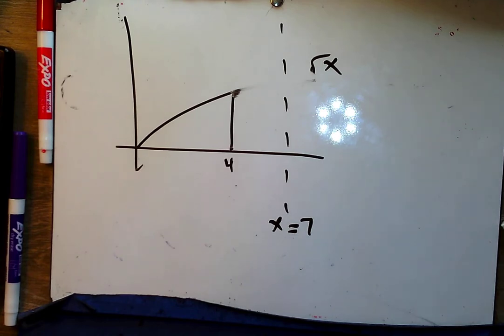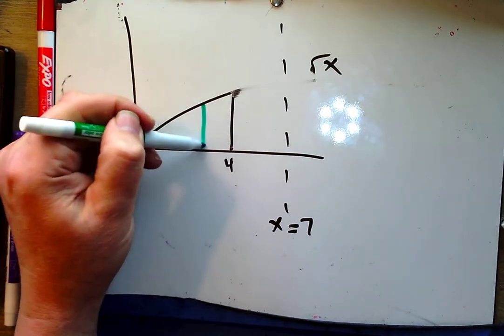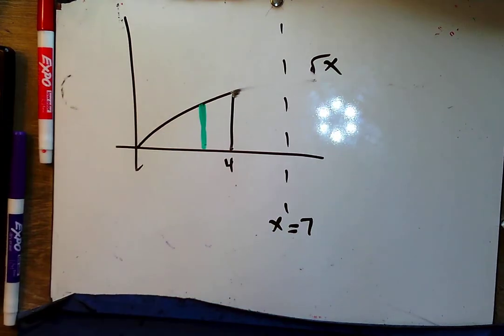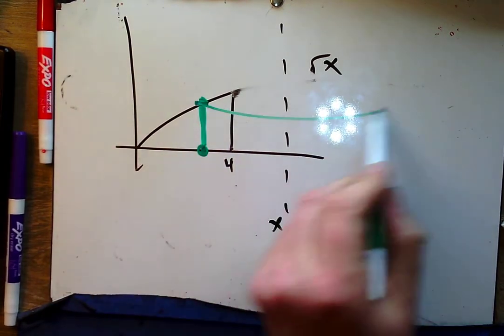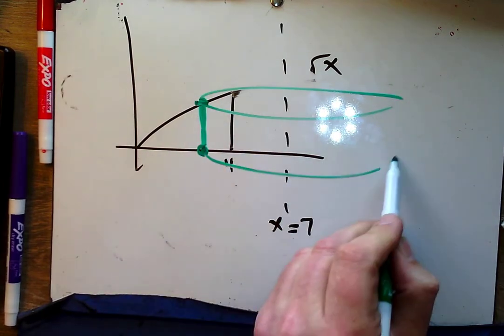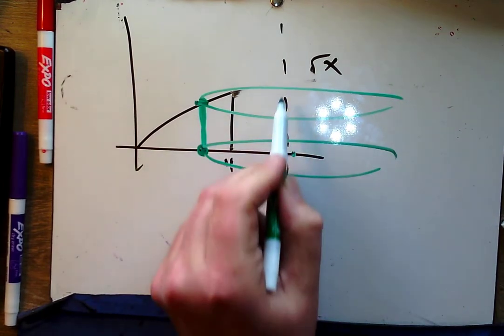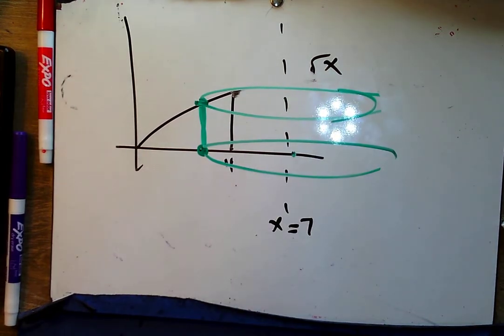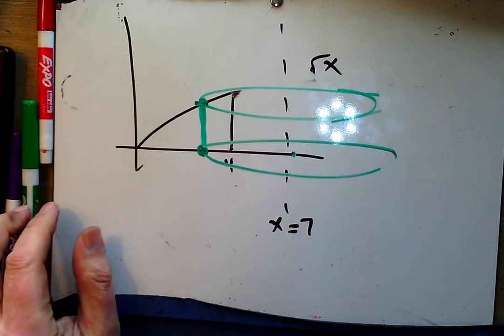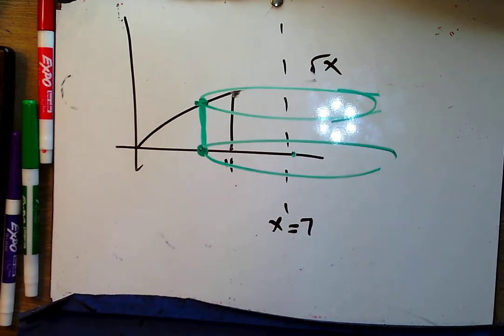That's right. For shells, I always draw a segment parallel to the axis of rotation, and at each end of that segment, I draw a circle whose center is the axis of rotation. Okay? Give it a try.